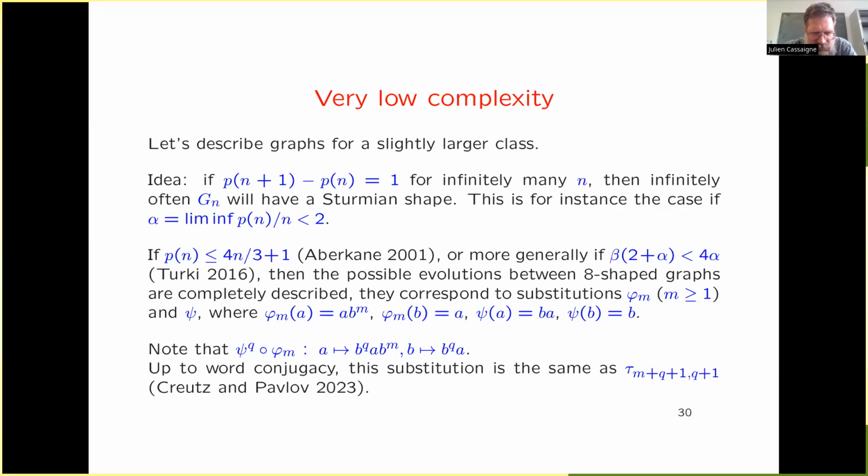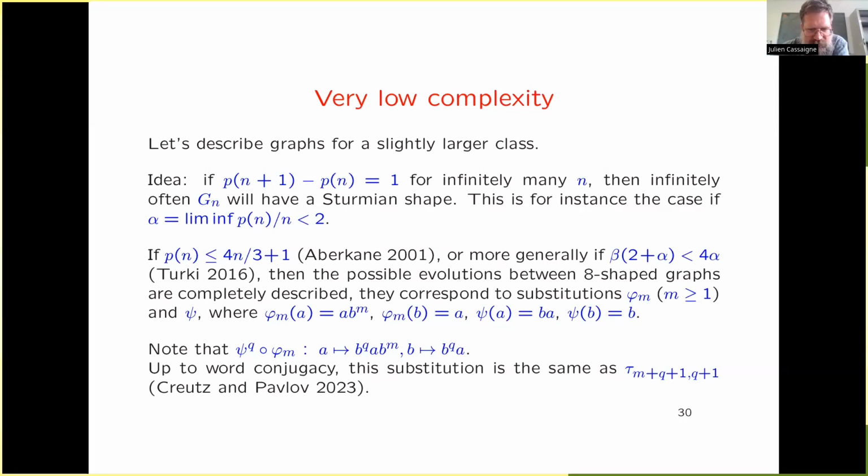And as a remark, these substitutions are almost the same as a substitution called tau m plus q plus 1 and q plus 1, introduced by Kreutz and Pavlov in a paper where they construct this, but then they prove other properties related to measures on this infinite word.